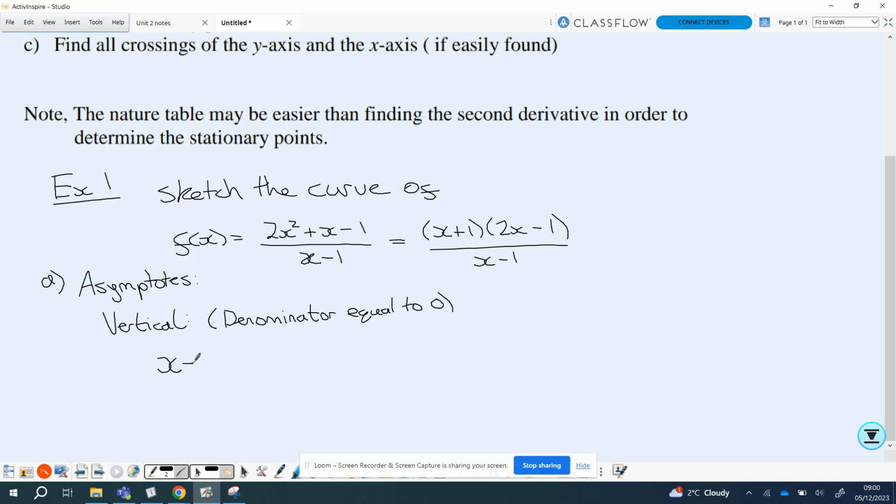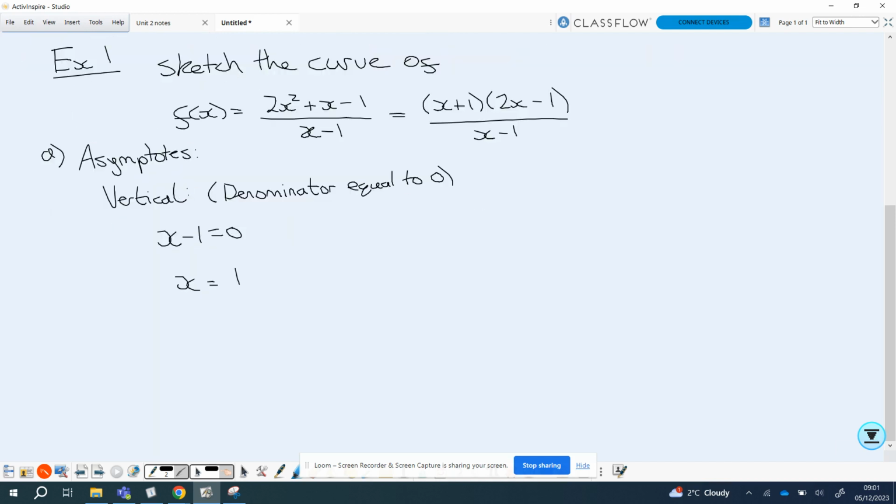So that would be when x minus 1 equals 0. And if we solve that, we get x equals 1. So I found my first vertical asymptote, my only vertical asymptote in this case, x equals 1. So my asymptote will look like that, x equals 1.